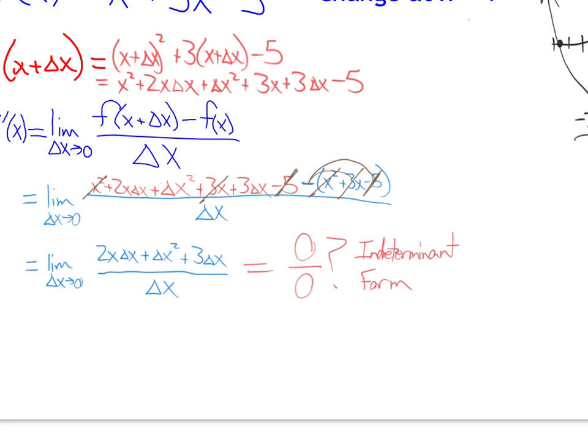But in this case, what do you notice about our numerator? Pull out the delta x. Yes, good. The numerator has a common factor of delta x. So we have 2x plus delta x to the first, plus 3, and this whole thing is over delta x.